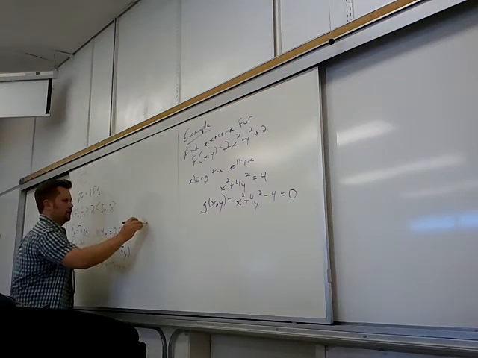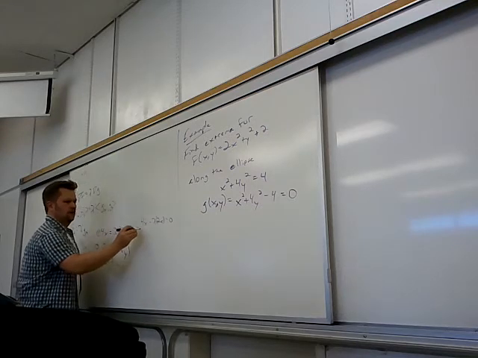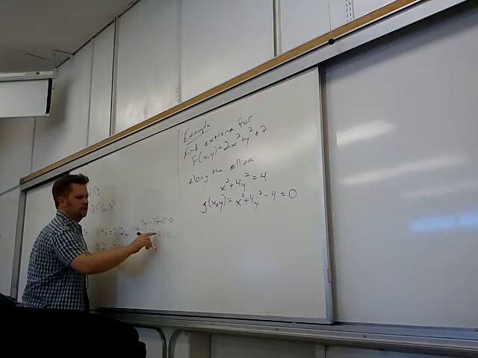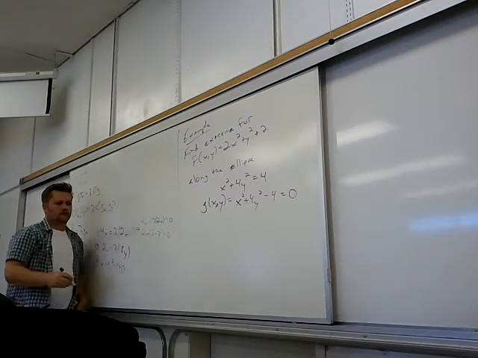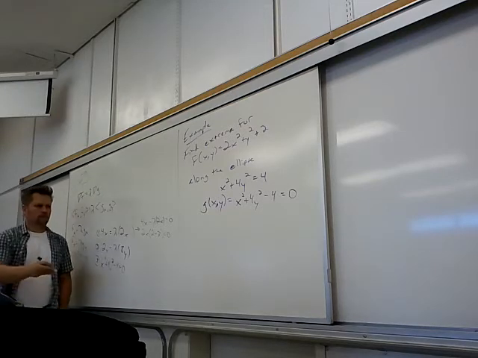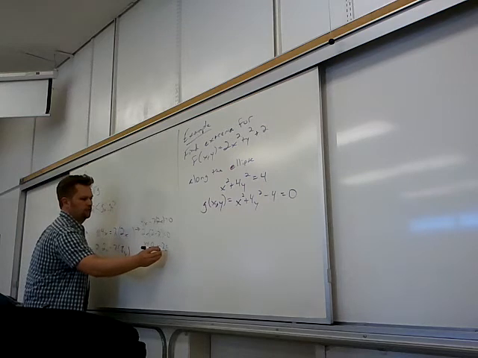So if I pull this over, I get 2x times (2 minus lambda) equals 0, right? Is that cool? So then what are my answers for this? x could equal 0, or lambda could equal 2.